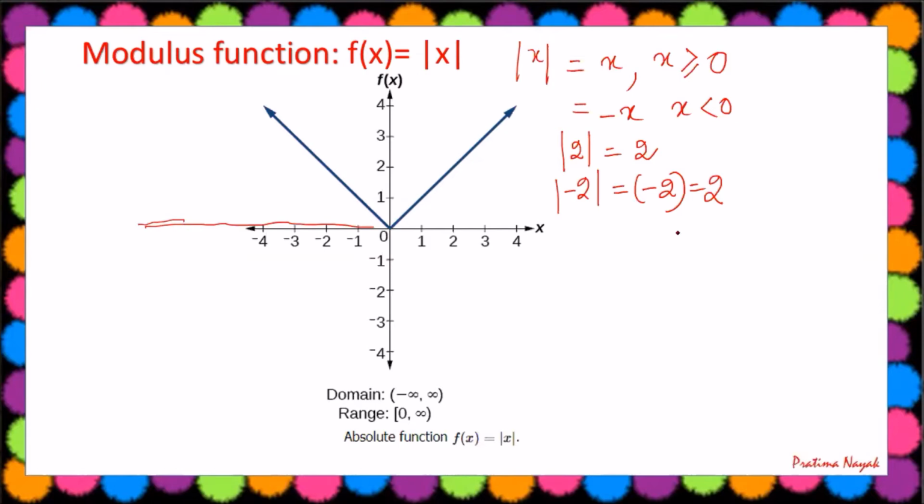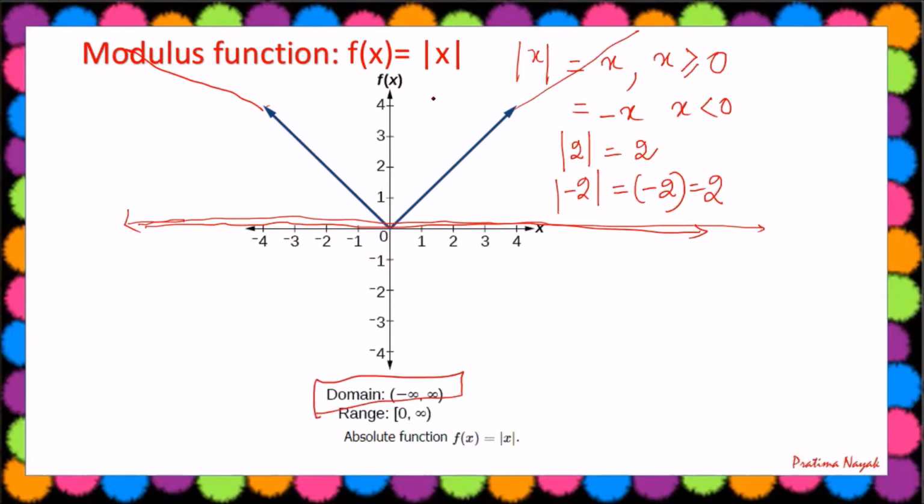See the value of x. The value of x can be negative infinity to positive infinity. It is extending horizontally from all the ends. So the domain is negative infinity to plus infinity. Now if I show you the range, you will see the vertical component. On the negative side there is no y.